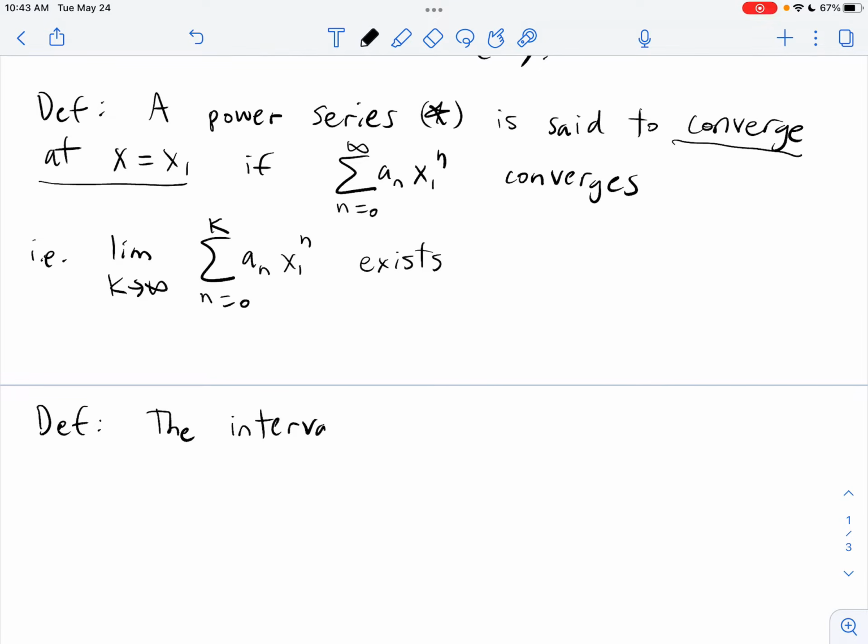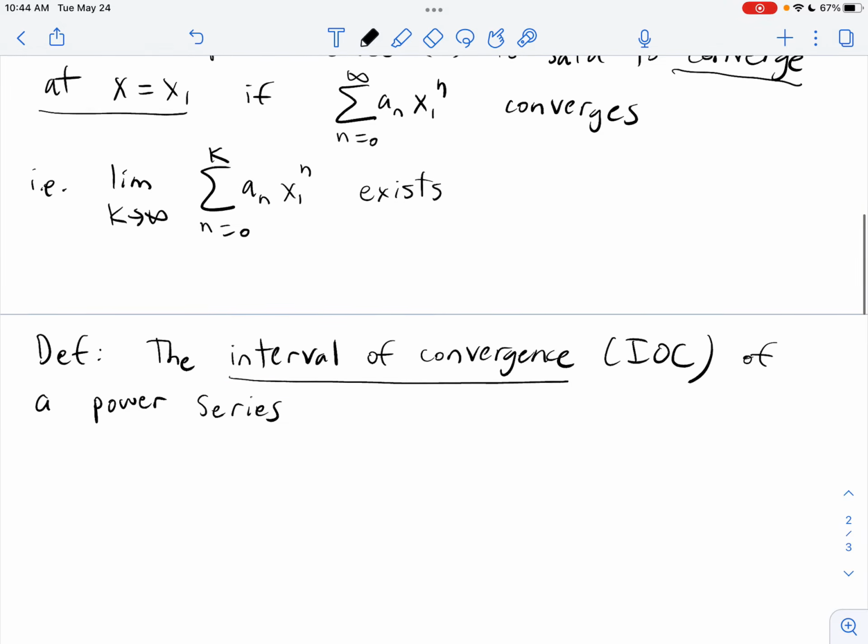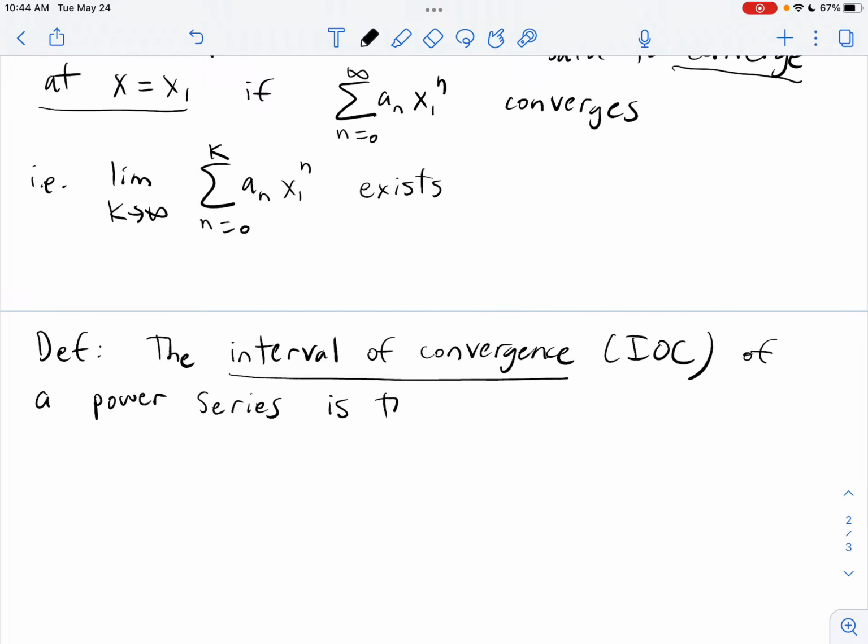What is the interval of convergence of a power series? So the interval of convergence, which we abbreviate IOC, of a power series is the set of all x for which it converges.